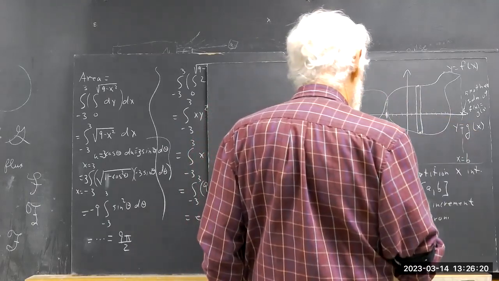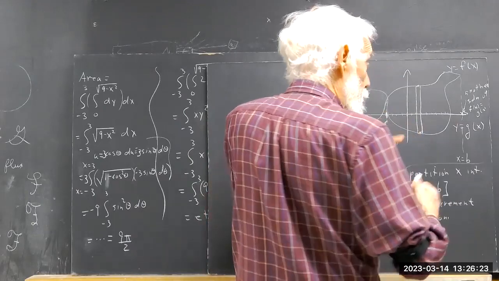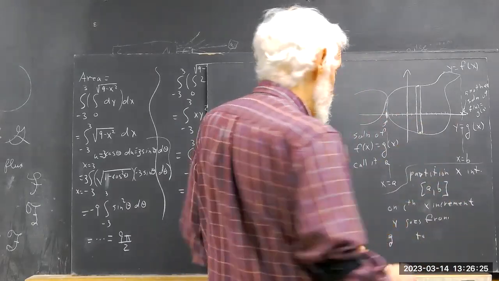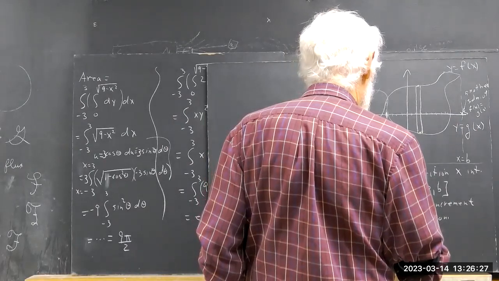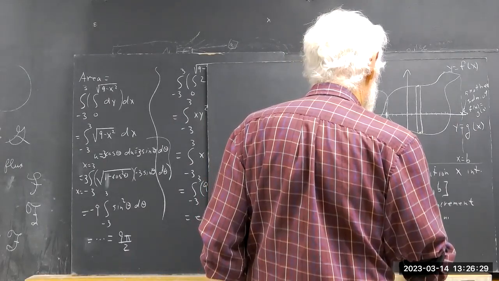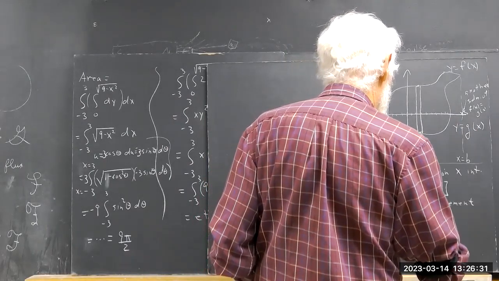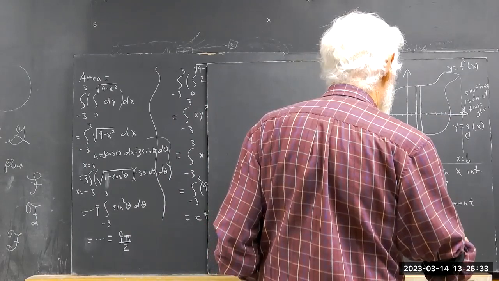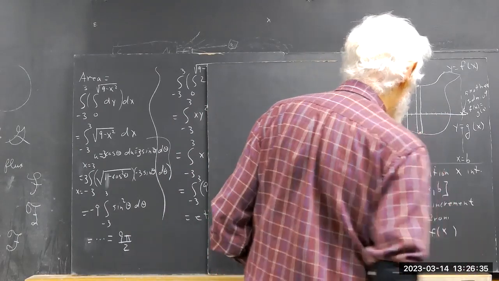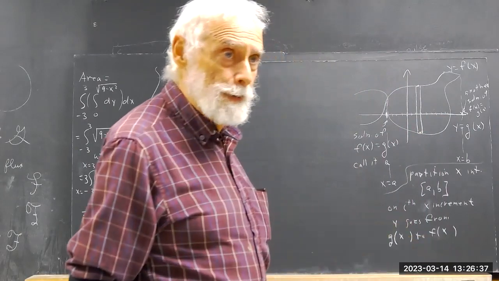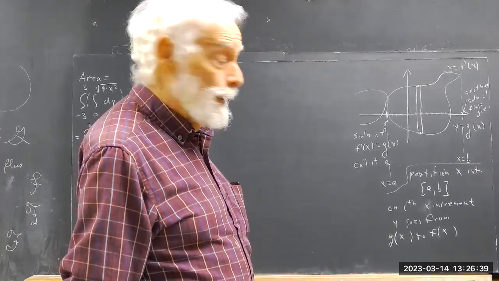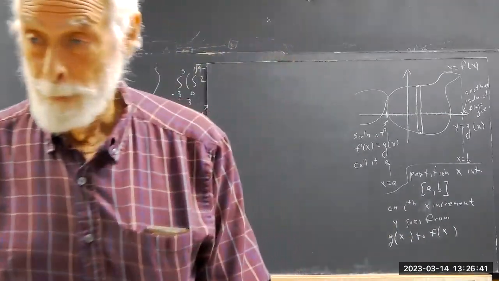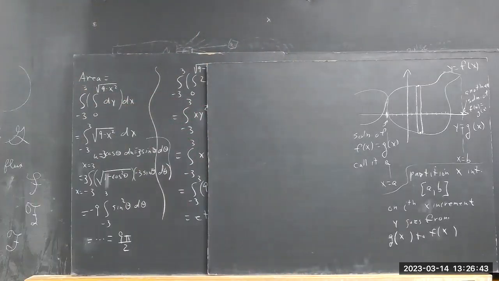Pretty obviously, y ought to be a point on the g of x graph, or a value of g of x. So I'm going to say g of x to f of x. That's not specific enough, but that's the idea. Now, how can I be more specific? Because remember, we've partitioned the x interval from A to B.